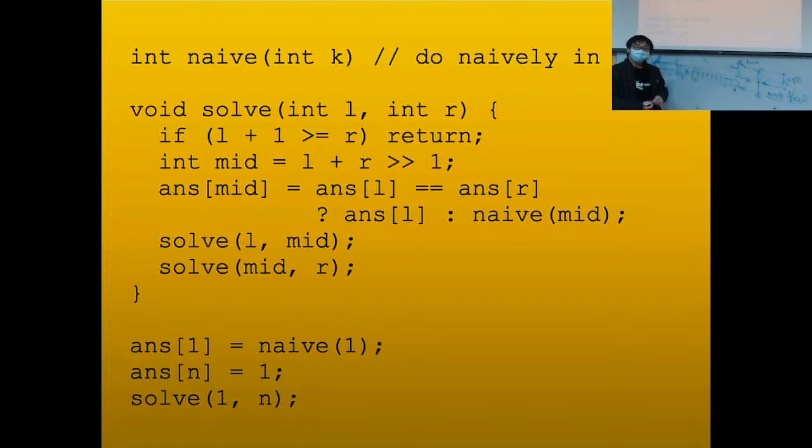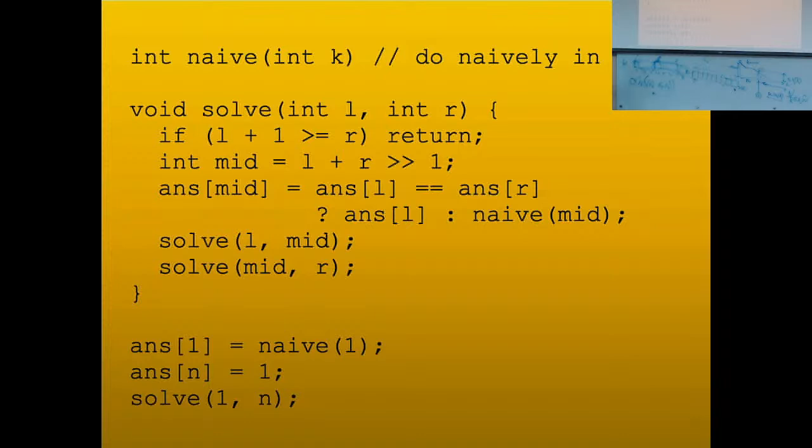Yes. So suppose we have k and k plus 1. At some point it changes. The only way to know is computing the naive a bunch of times. So does that make it plus or times? I think it's times. Because for each different answer, you compute it at most log n times.